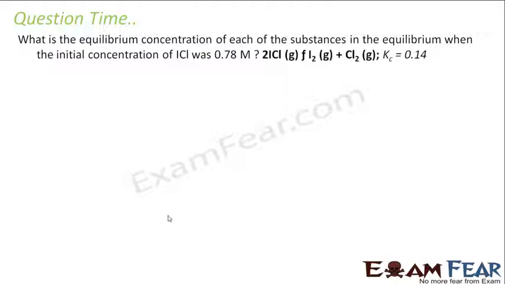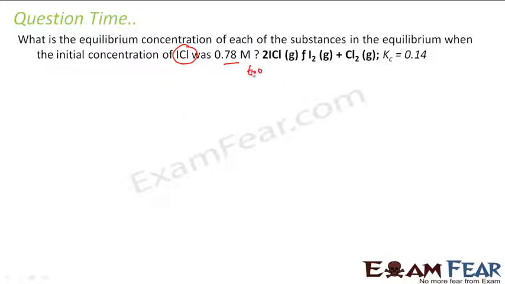Let's take one more question. What is the equilibrium concentration of each of the substances when the initial concentration of ICl was 0.78 M? The reaction is 2 ICl gives I2 plus Cl2, iodine and chlorine gas, and Kc is 0.14. So we have to find the equilibrium concentration of each.